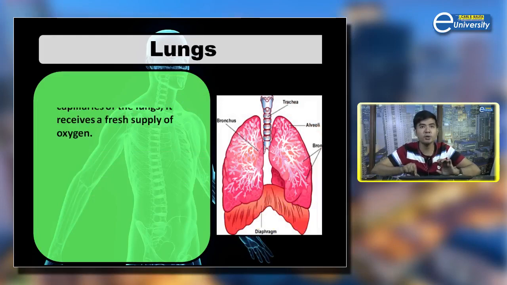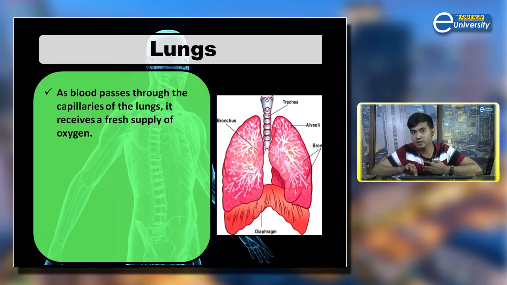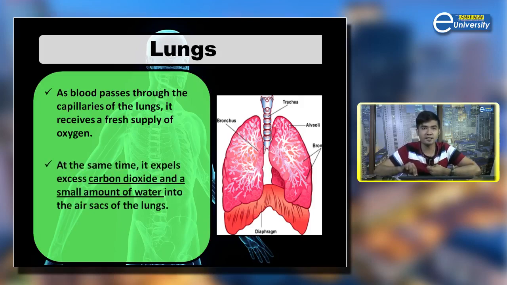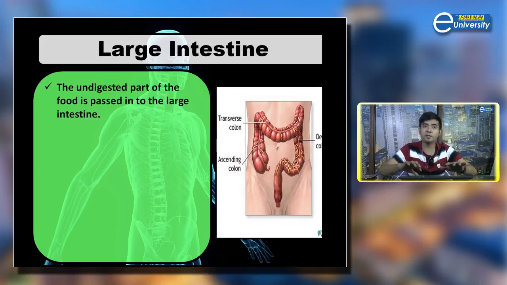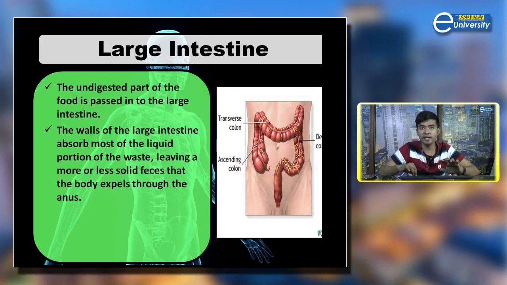Next are the lungs. As blood passes through the capillaries of the lungs, it receives a fresh supply of oxygen. At the same time, it expels excess carbon dioxide and a small amount of water into the air of the lungs. The undigested part of the food passes into the large intestine, and the walls of the large intestine absorb most of the liquid portion of the waste.